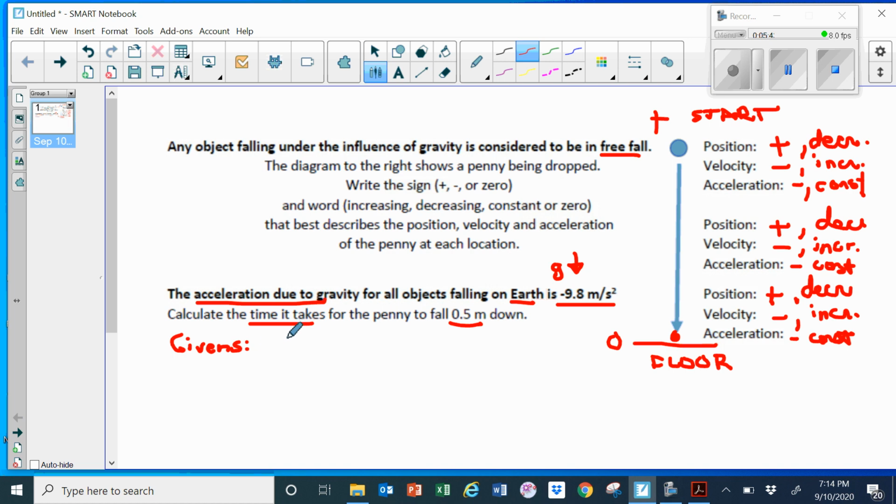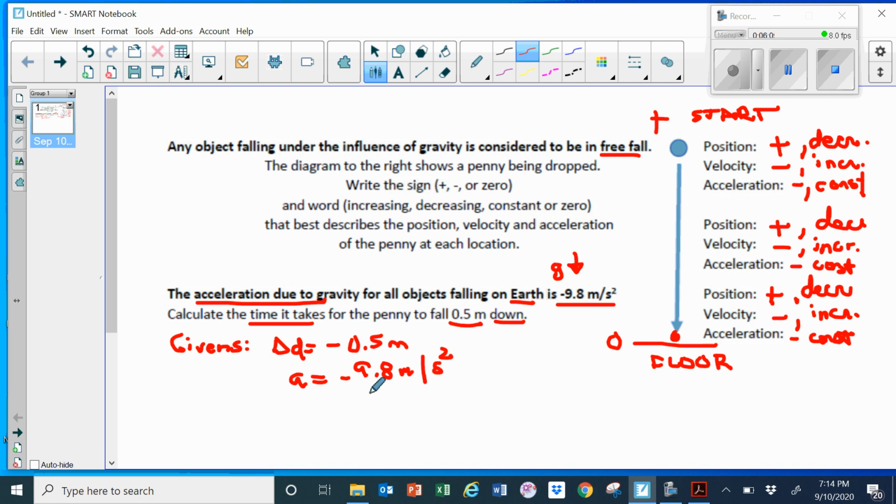The first given is the displacement is going to be minus 0.5 meters. Why negative? Because the displacement is downward. It's down. The acceleration is the acceleration due to gravity, minus 9.8 meters per second squared.